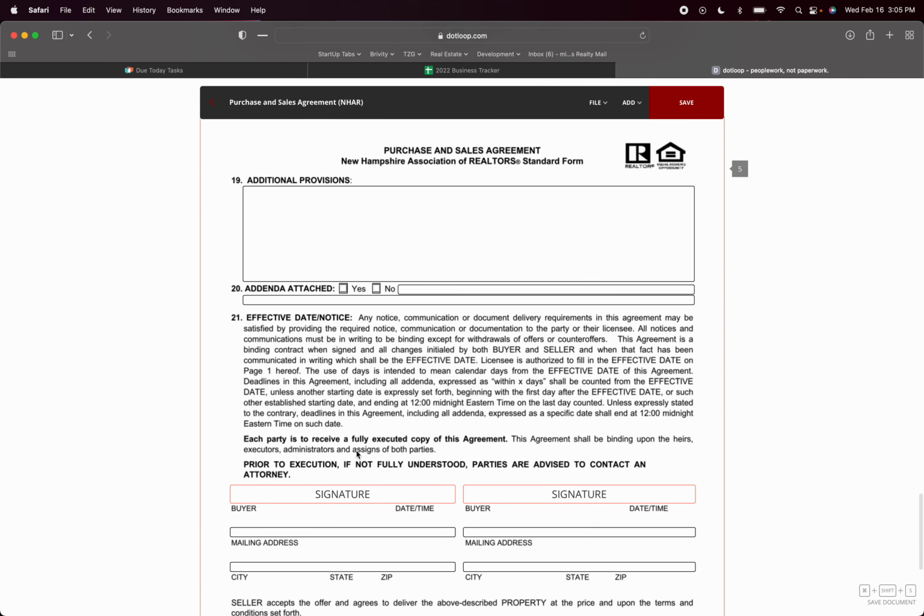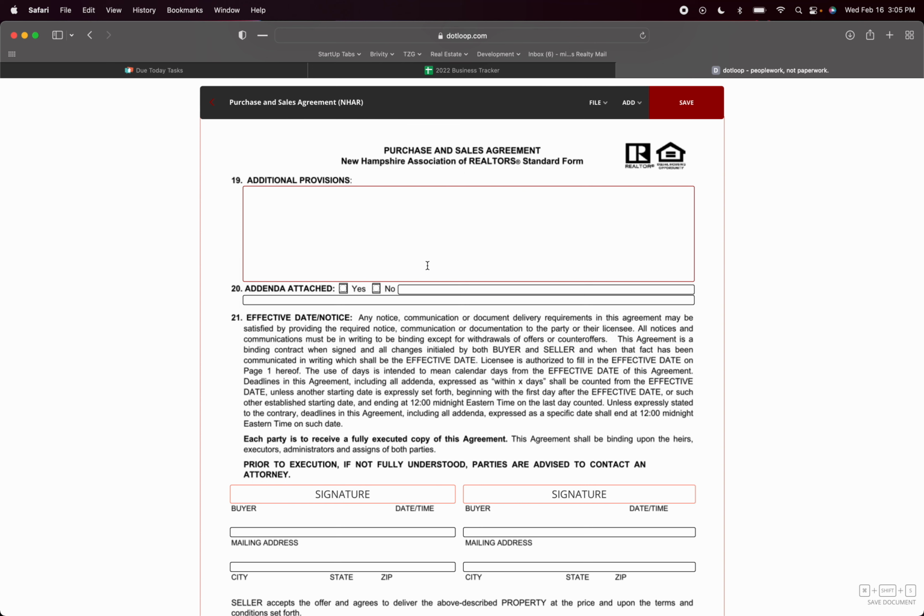And finally, here are additional provisions. Honestly, I've seen all of the things in additional provisions. There's really nothing specific that may or may not be there. Some of the most common things you might see is if the purchase and sale is going to be contingent on, say, the appraisal coming in at least at purchase price. You're going to see that in additional provisions.